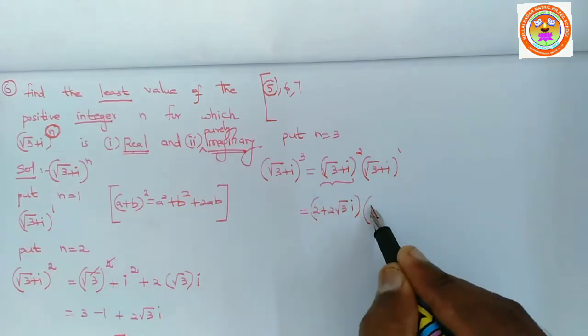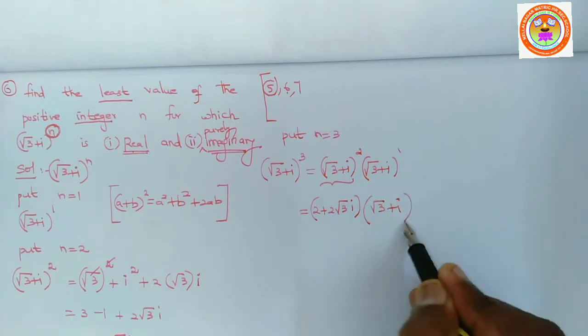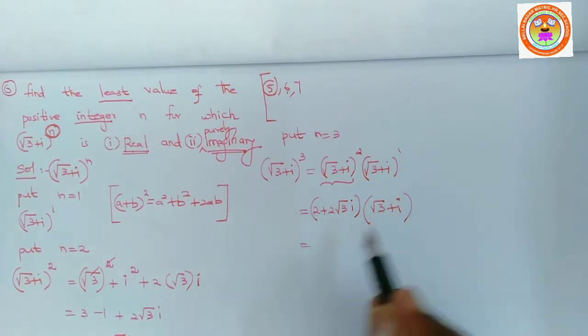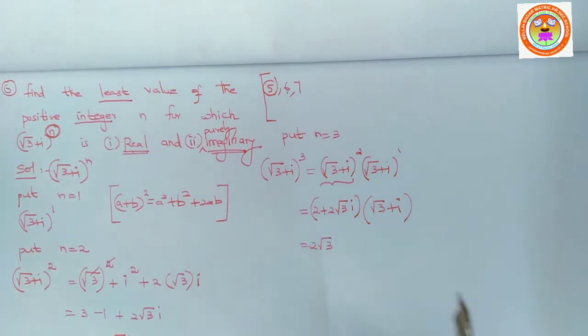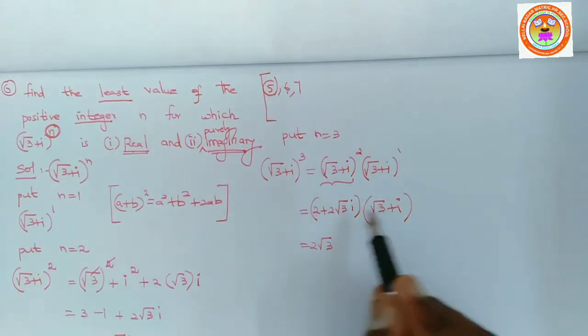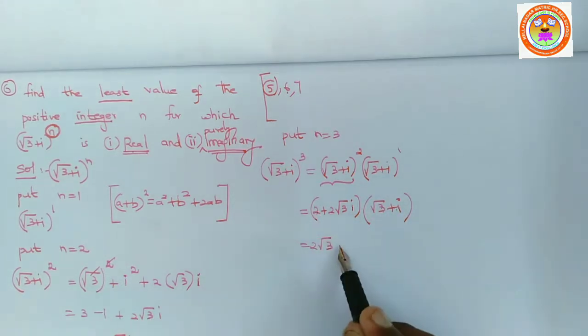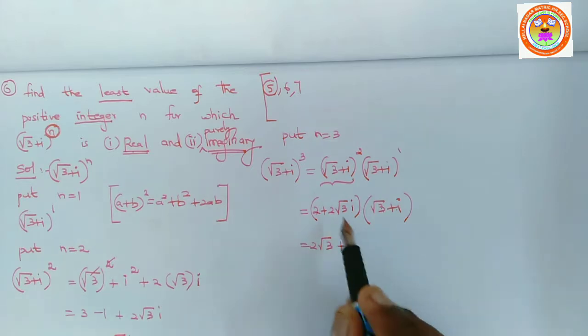So this one is root 3 plus i. Now we can multiply: 2 into root 3 is 2 root 3, 2 into i is 2i.